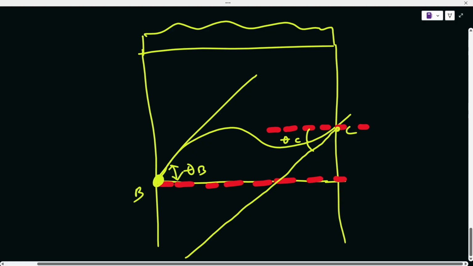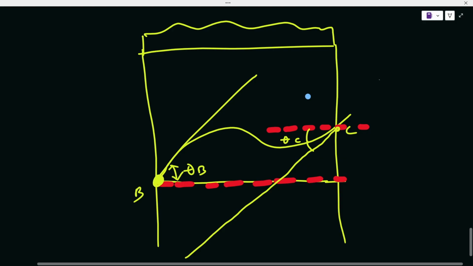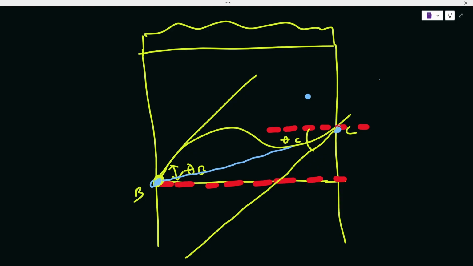A chord is basically, let me use a very thin line, a chord is basically that line joining the ends of the elastic curve. So if I join this end to this end using a straight line, then I have my chord, right? Exactly. I have my chord.